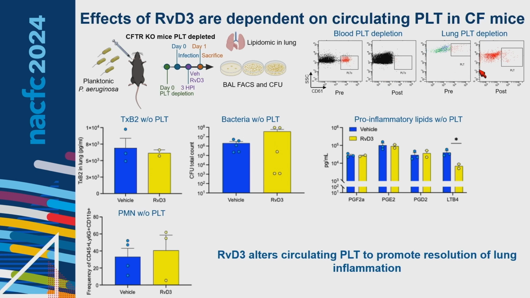In this condition, in the absence of circulating platelets, we observed that resolvin D3 failed to reduce thromboxane B2, to reduce total bacteria, and to reduce neutrophil infiltration, and also failed to reduce the production of pro-inflammatory mediators. Therefore, this suggests that resolvin D3 alters circulating platelets in some way to promote resolution of lung inflammation.